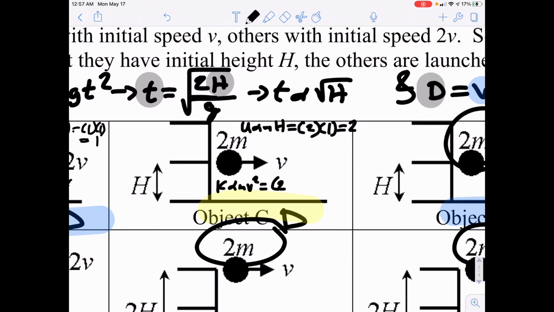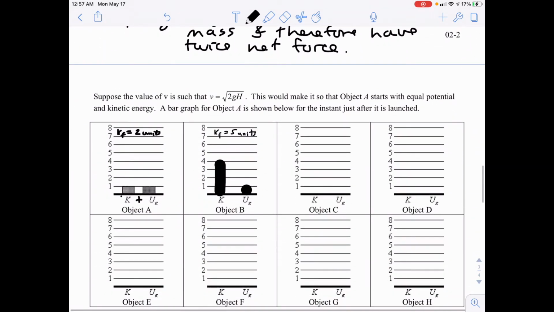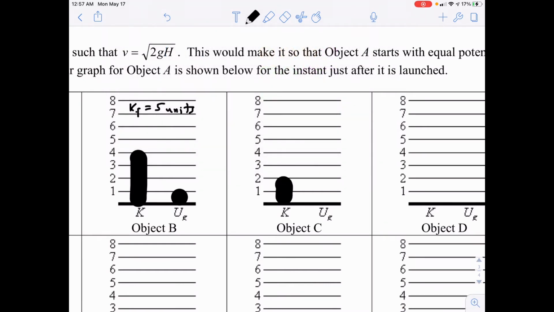So we have 2 mass units and 1 velocity unit squared. 1 squared is 1 times 2 is 2. So both of these have 2 units. So I'm going to go to my bar graph, and I'm going to 2 units of kinetic energy, 2 units of potential energy, and the final would be, of course, 2 plus 2, or 4 units of final kinetic energy. Again, total energy remains constant, right? So the initial energy has to equal the final energy.